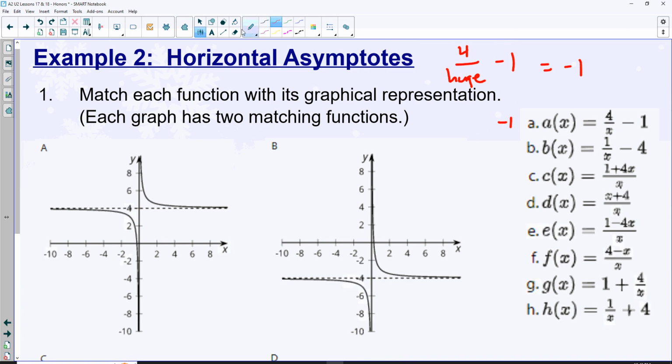So let's go back here and think about the same thing again. What happens if I try to plug a really large number in for x? I'm going to get 1 over huge, which guess what? That's still 0. Minus 4 is -4. So B matches that as well.